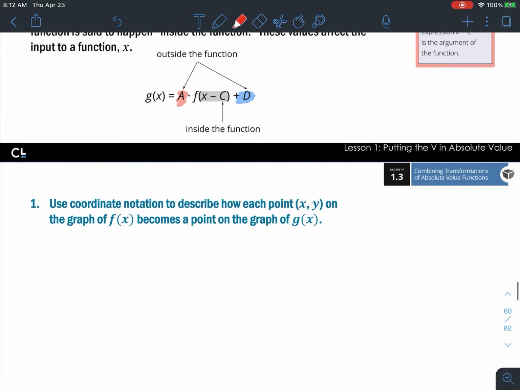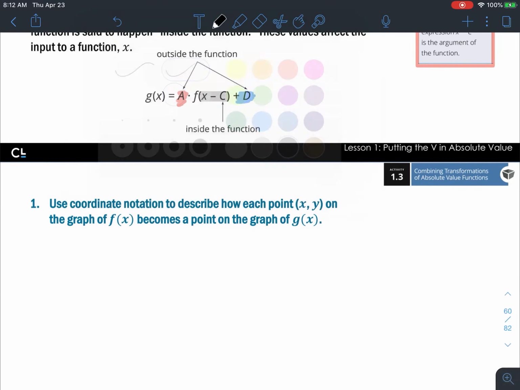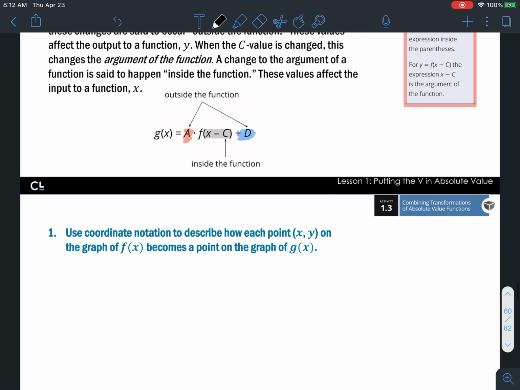Okay, now number 1. Use coordinate notation to describe how each point x, y on the graph of f of x becomes a point on the graph of g of x. Essentially, if it's inside the parentheses, we go the opposite sign.